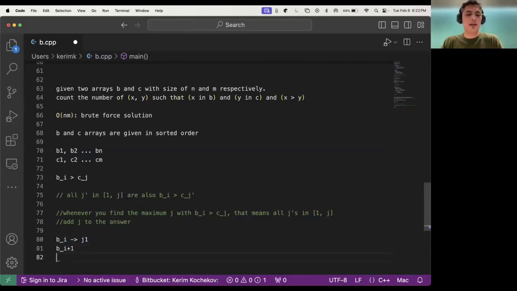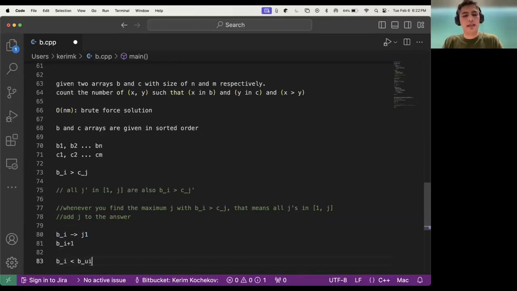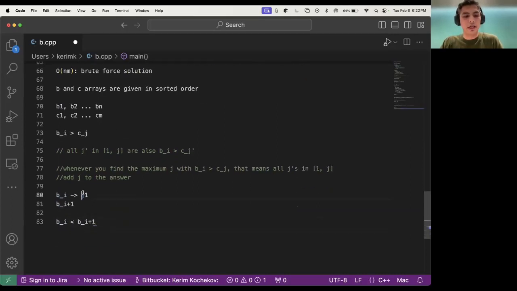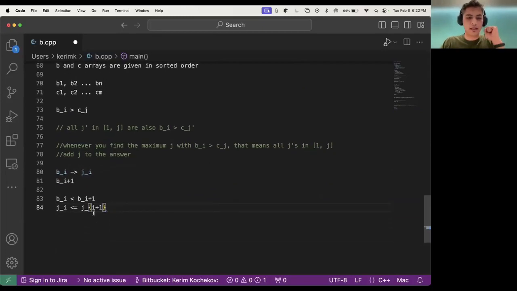That means we know that the given array is sorted. Hence, the J for i would also be smaller or equal to the J for i plus 1. So any element that is smaller than B_i is also smaller than B_(i+1). So the maximum J found for i is also smaller than the maximum J for the (i+1)th position.